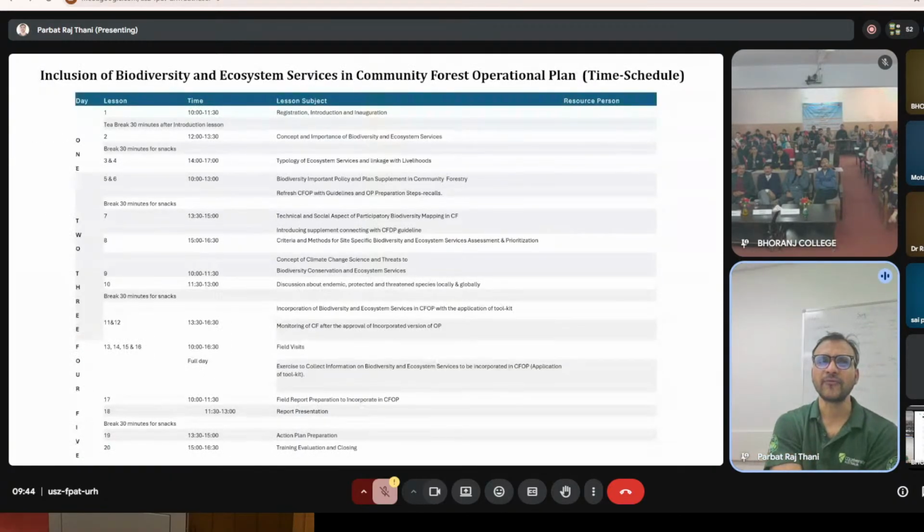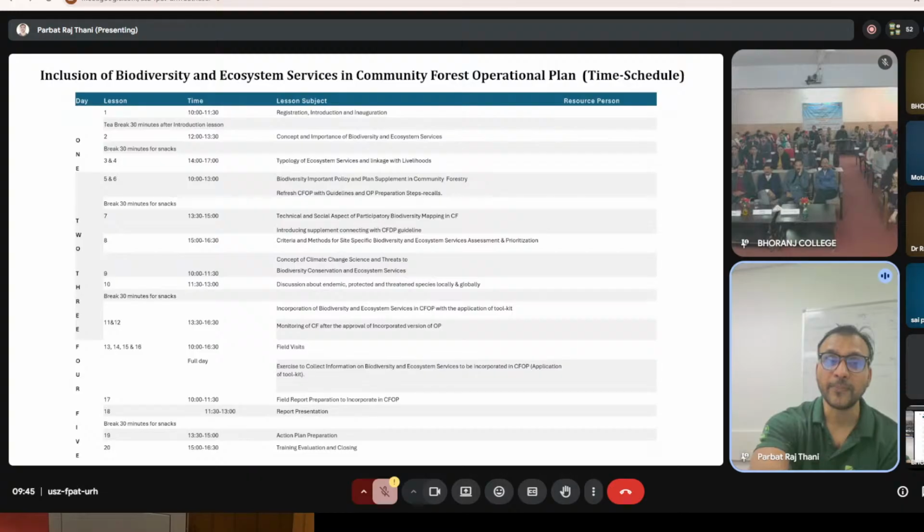So this is the content inside the training manual to train stakeholders, all those user groups, and forest officials. Overall, doing all these things helped us to manage community forest and integrate biodiversity and ecosystem services there perfectly.